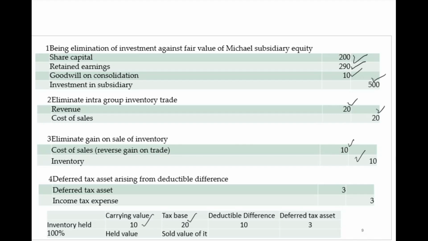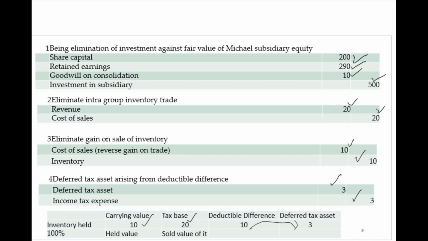But because it's a real transaction, the tax base has now increased by 10 million. Now the carrying value is less than the tax base, and that difference becomes a deductible difference. Applying the tax rate, that gives us the deferred tax asset of 3 million. So we debit deferred tax asset of 3 million and we credit income tax expense of 3 million.